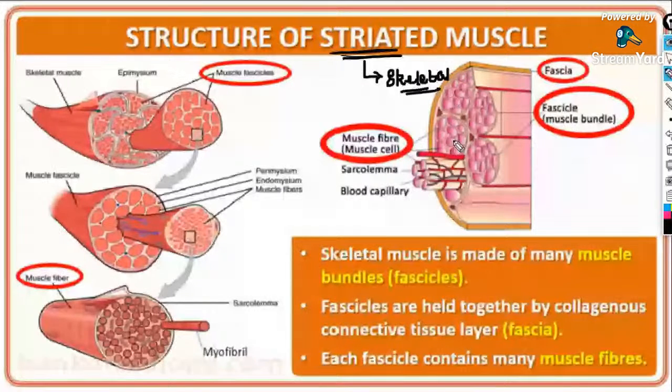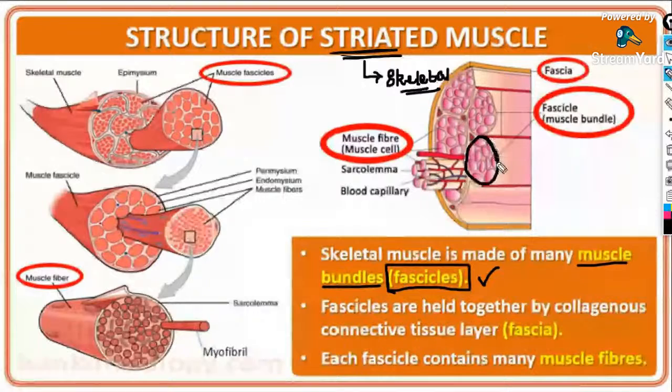So the skeletal muscle is made up of many muscle bundles, and you will call these muscle bundles fascicles. Look, this is a muscle bundle in which different muscles are constituted together.